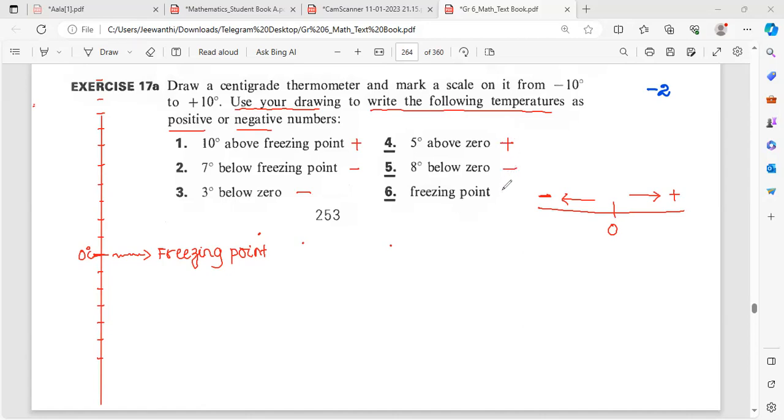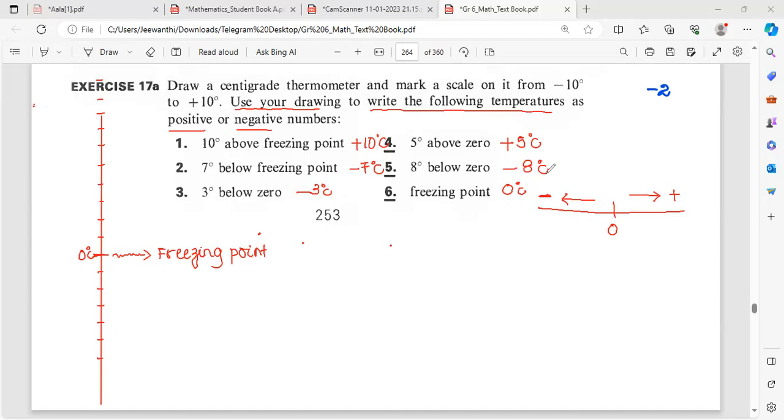Freezing point. So we don't have a positive sign or a negative sign. It's neutral, right? The freezing point, that is 0 Celsius. So then all the others: positive 10 Celsius, -7 Celsius, -3 Celsius, positive 5 Celsius, and -8 Celsius, like that.